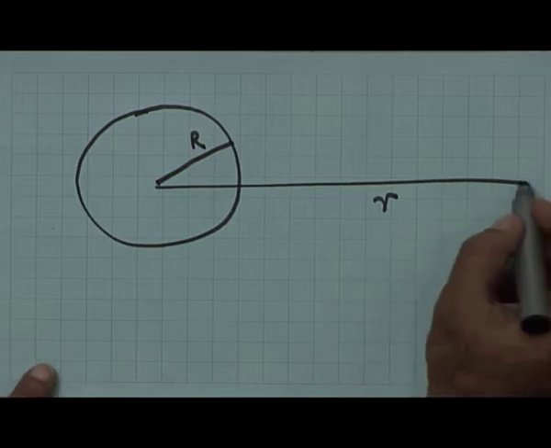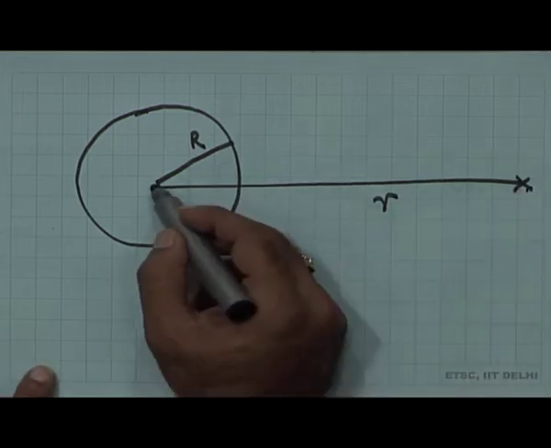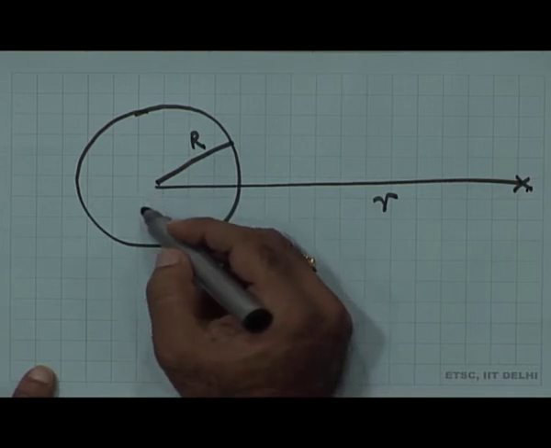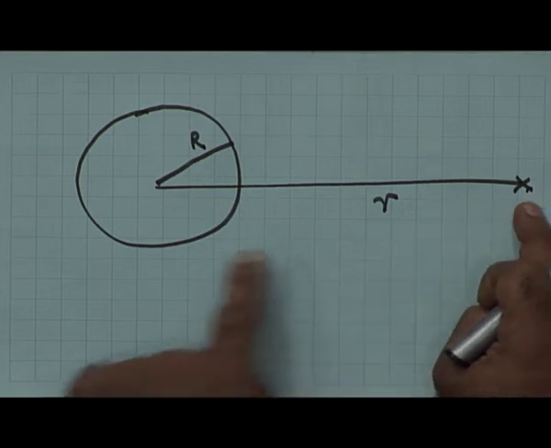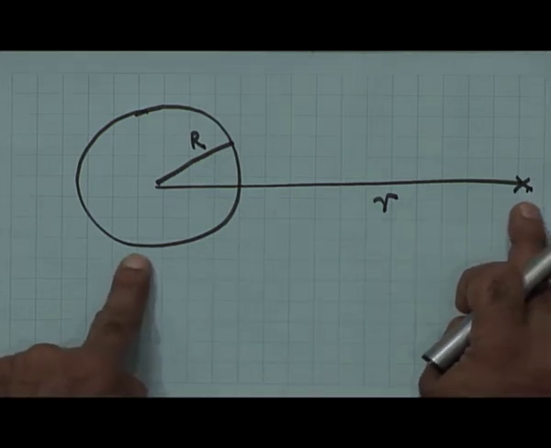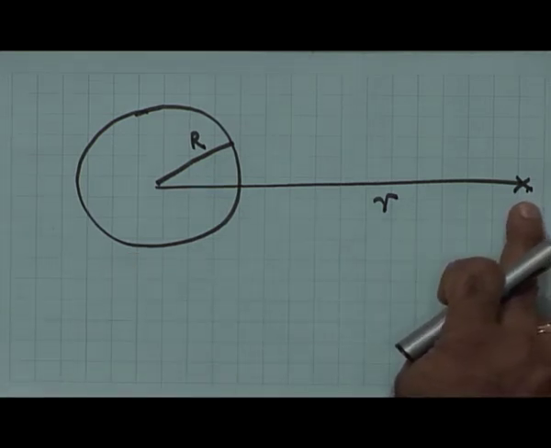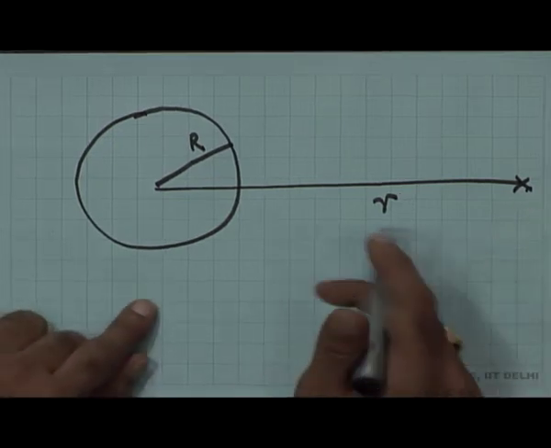Now what happens? You know from Gauss's law that so long as your projectile is outside this spherical charge distribution, my projectile or the test charge will look upon the field as a field produced by a point charge. That is what Gauss's law tells you.